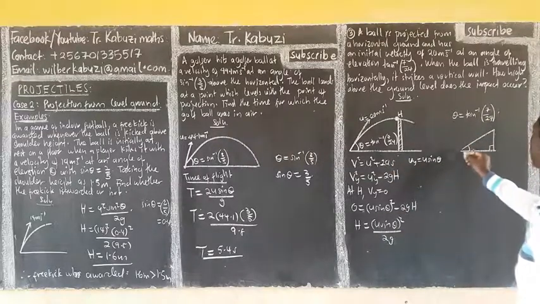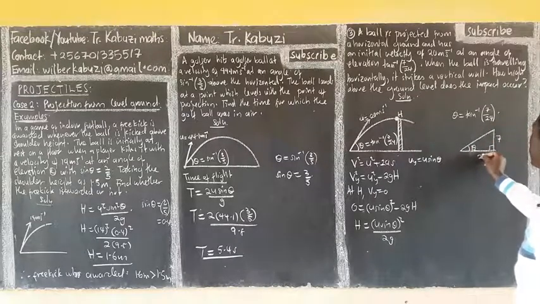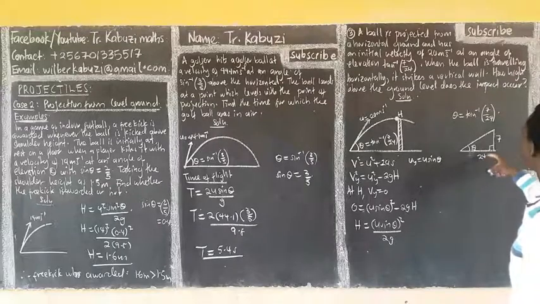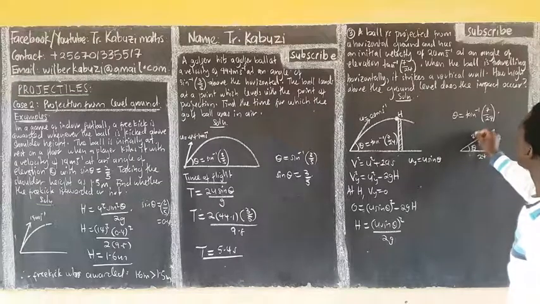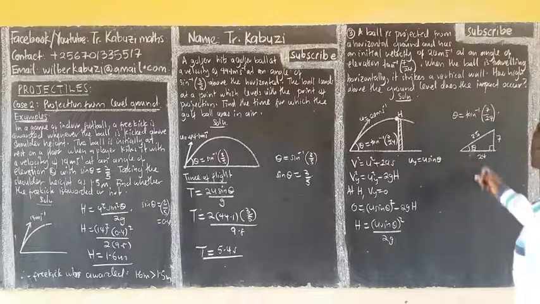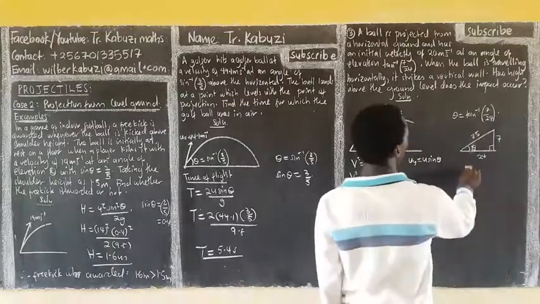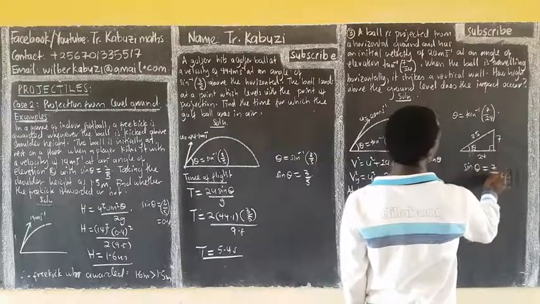And if you use the right angle triangle, if this is theta, then the opposite is 7, this is 24. Then this one is going to be the square root of this squared plus this squared, so here I'm going to be having 25. Yeah, because these are the ratios there. So meaning that now our sine theta is going to be 7 over 25.